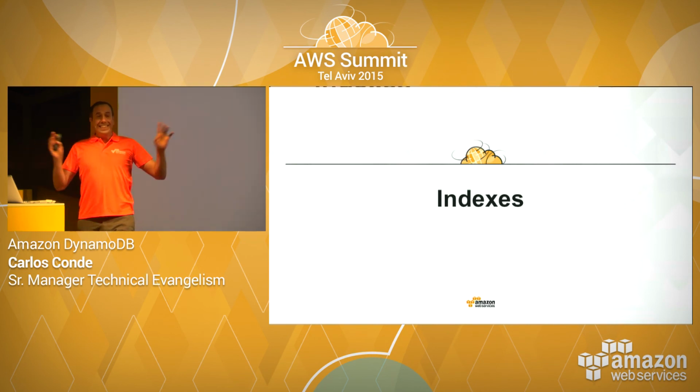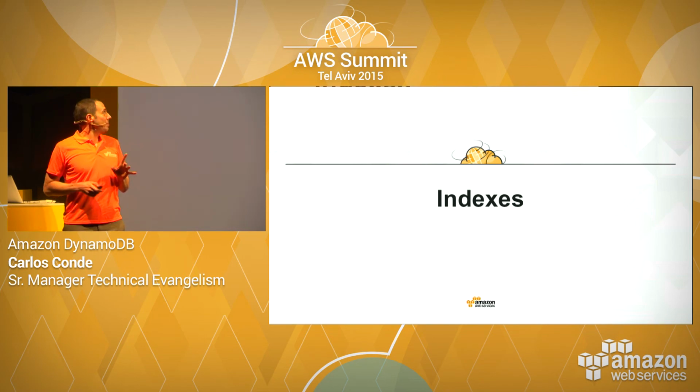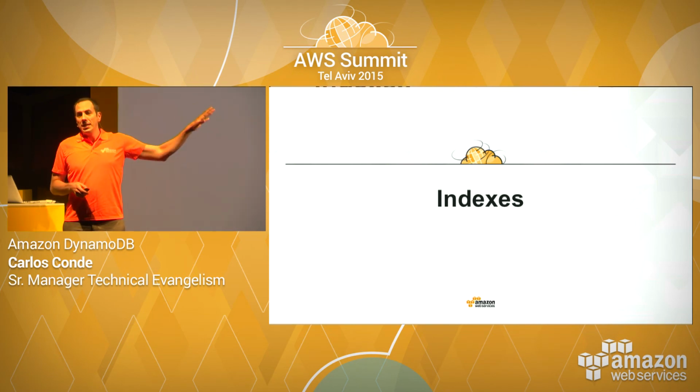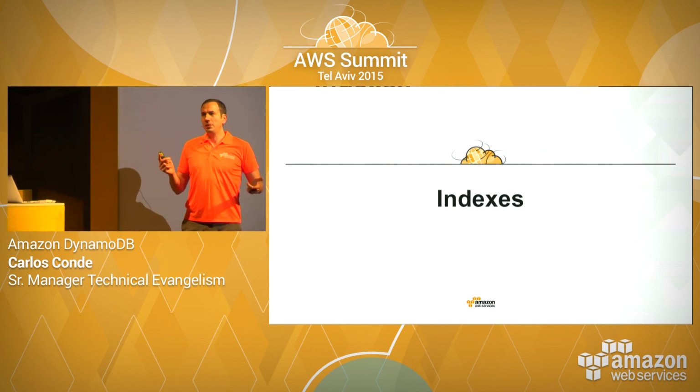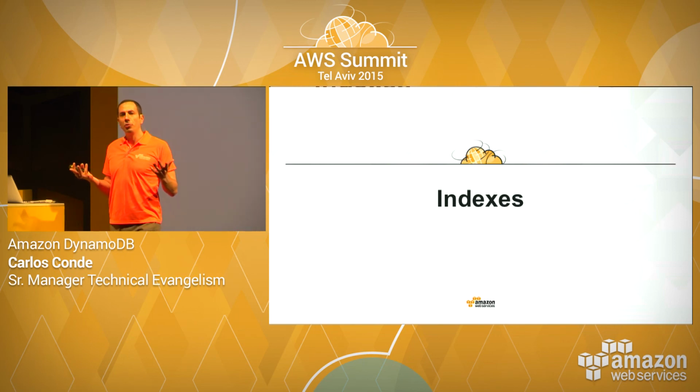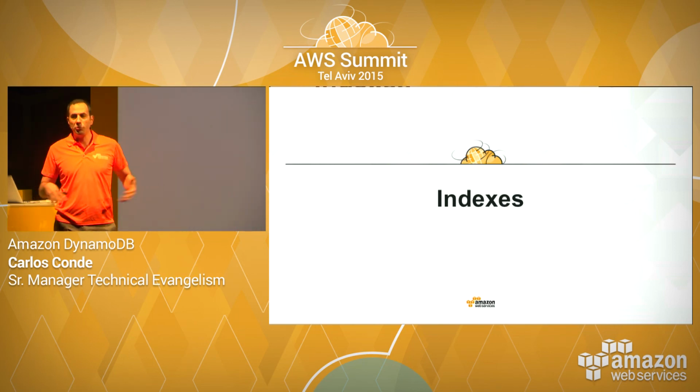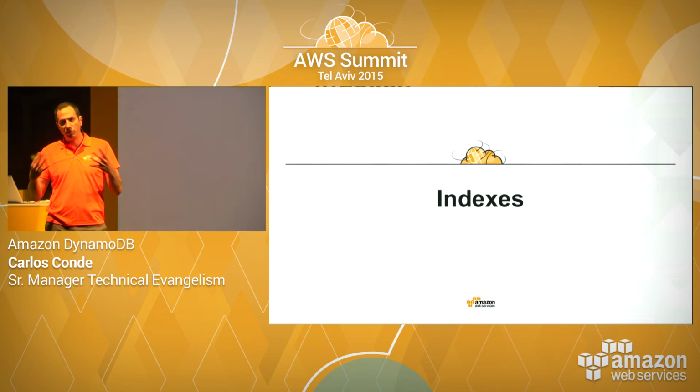Okay, now let's add indexes on top of this. If there's only one thing you have to understand in DynamoDB, it is what we're going to talk about now. The main reason why people are using databases like DynamoDB or MongoDB or Cassandra or any other NoSQL database is because they want to scale, they want to sustain a high number of reads and writes, and they want to be flexible and not have a schema.